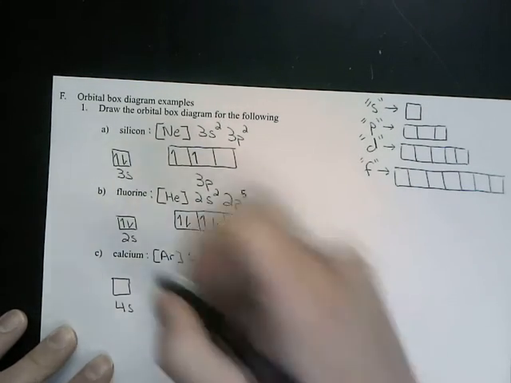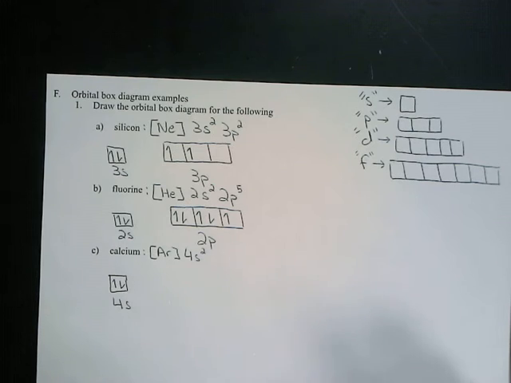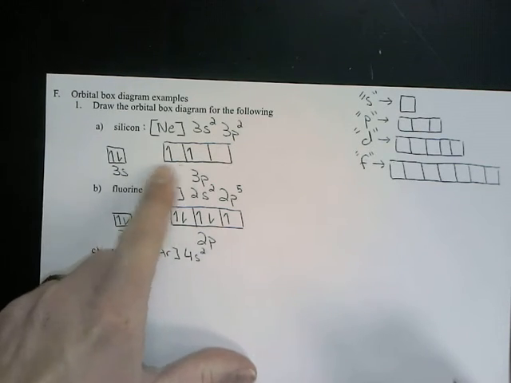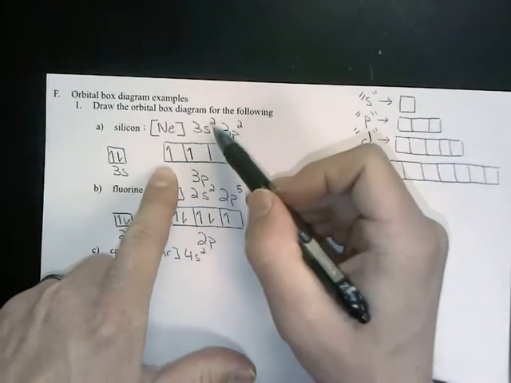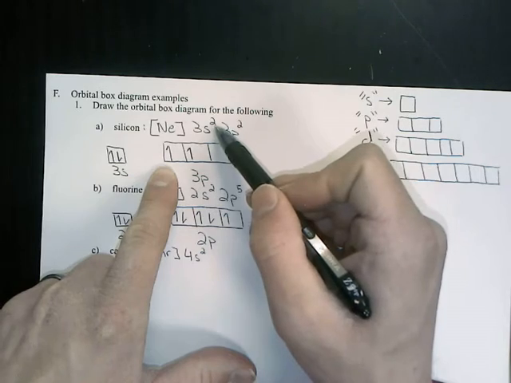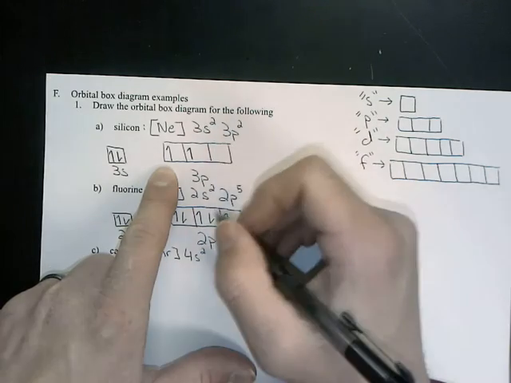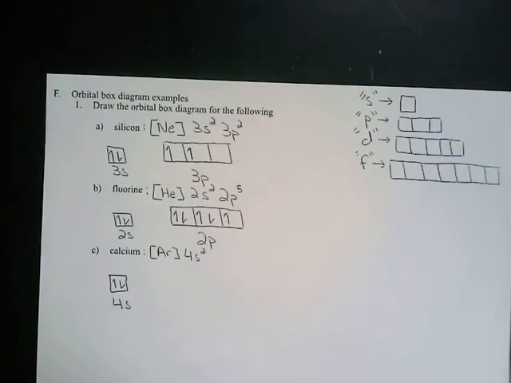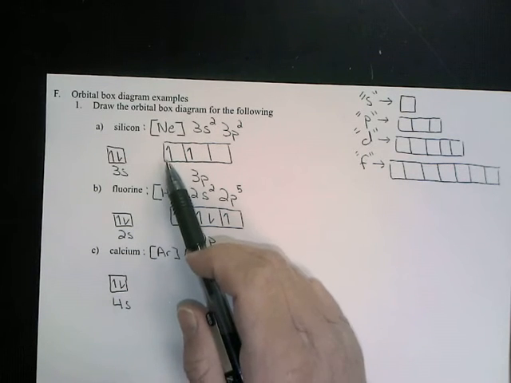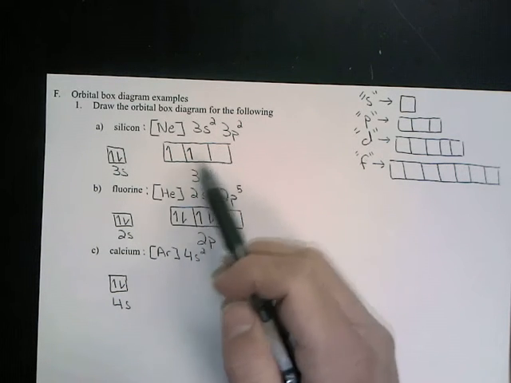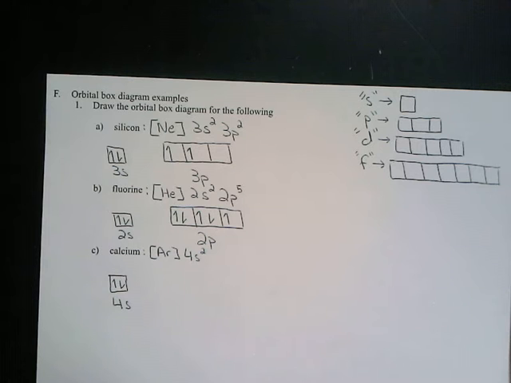We have 2 electrons in that 4s level, so we add 1 electron with an up arrow, 1 electron as a down arrow. The most important thing here is, hey, we have to add electrons in order. The number of electrons in those boxes are represented by your electron configuration. And then you have to add electrons in each box before you go back and you add doubles.